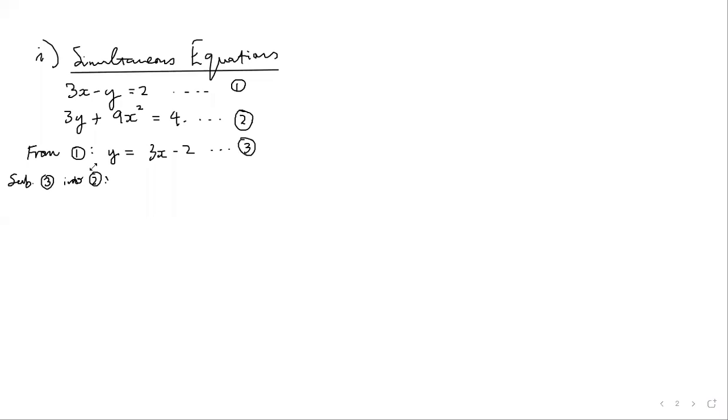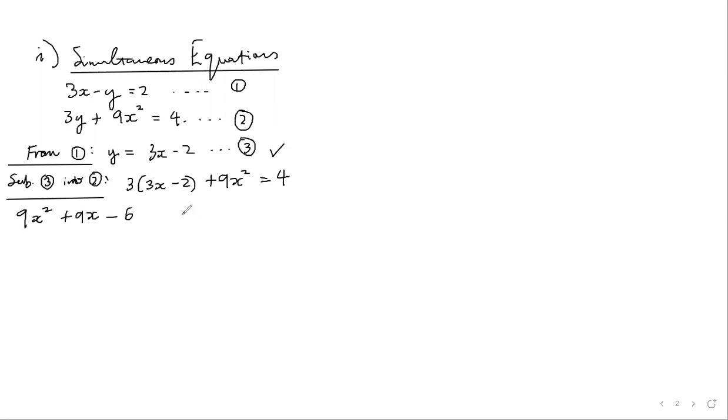And let's proceed. So equation 2 says 3 times y, but y is 3x minus 2, as we found in equation 3, plus 9x squared is equal to 4. All right, so with all our prior and current knowledge, this equation will now be resolved as 9x squared plus 9x minus 6.